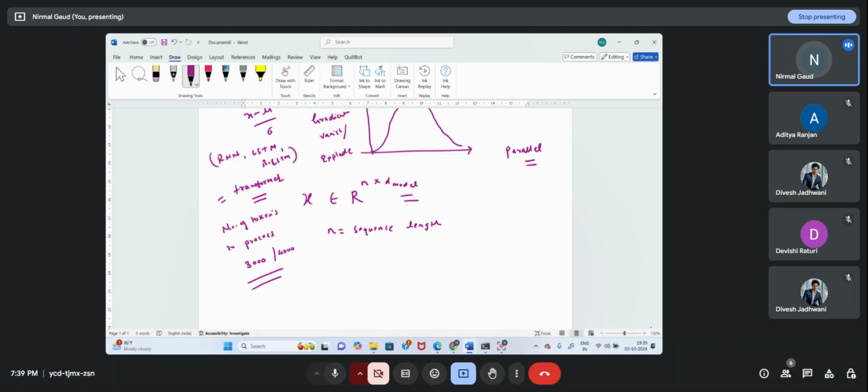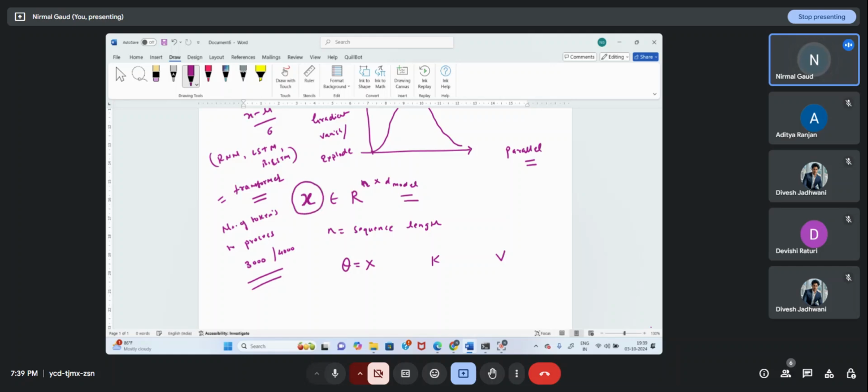So right now, let us suppose this is your sequence, this is your input, n is the length of the sequence, and d is the dimension of the model. Your q, k, and v take the input.